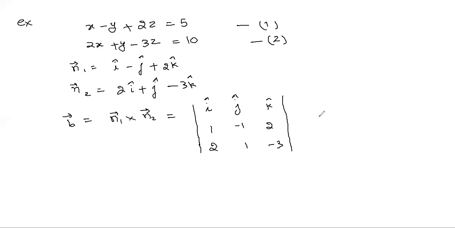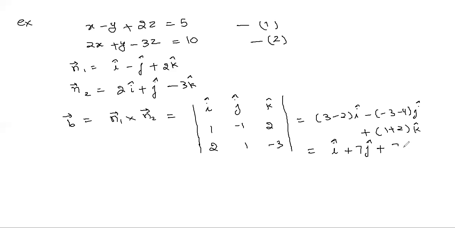This will be equal to (3 minus 2)i minus (minus 3 minus 4)j plus (1 plus 2)k, so this vector is i plus 7j plus 3k.